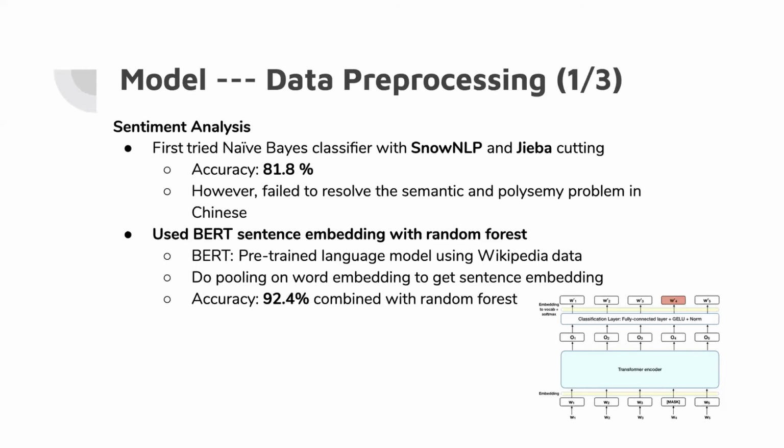BERT is a pre-trained language model, and basically it used Wikidata, so it has lots of data. With the pre-trained model, we have the weight vector, and we also do pooling for the word embedding, and then we get the sentence embedding. The accuracy is about 92% with the random forest.